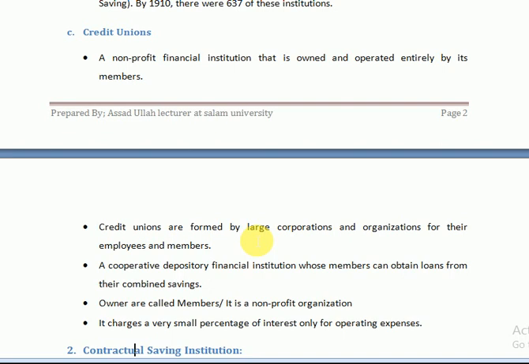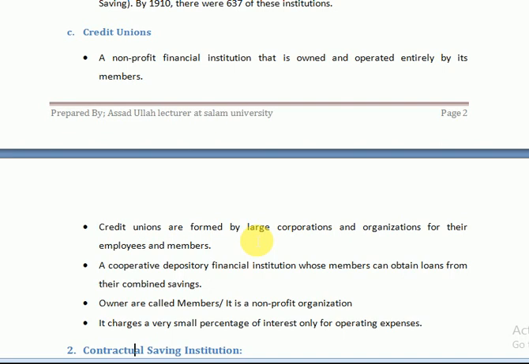Look at, dear students, credit unions, their main source is accepting deposits. They are also called shares, and they further channelize those deposits to make consumer loans. According to the banking legislation in the 1980s, credit unions are also allowed to issue checkable deposits and can make mortgage loans as well as consumer loans.